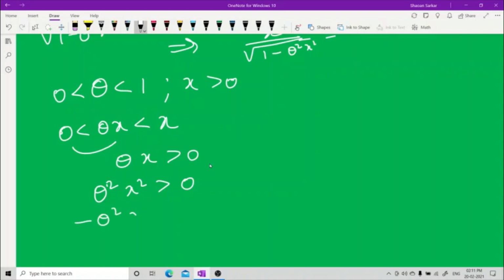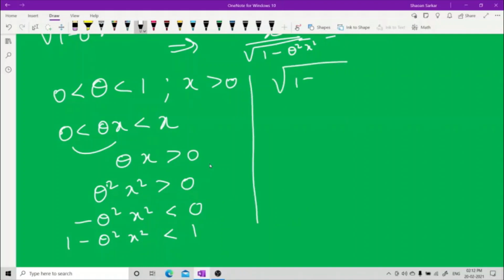Minus theta square x square is less than 0. Add 1 on all sides: 1 minus theta square x square is less than 1. Take the under root: under root 1 minus theta square x square is less than 1.